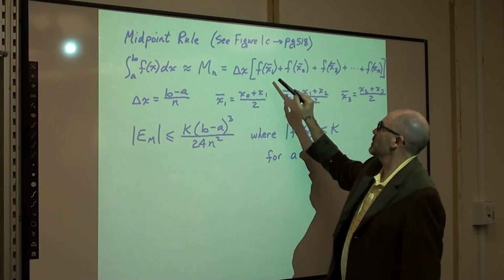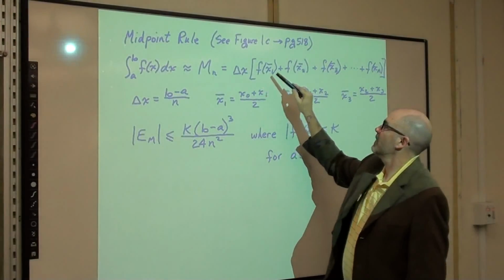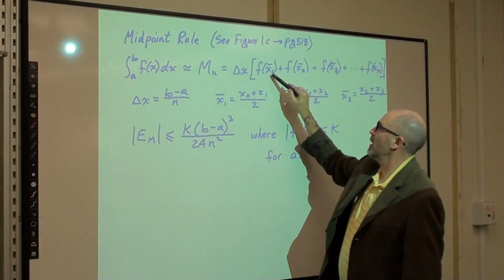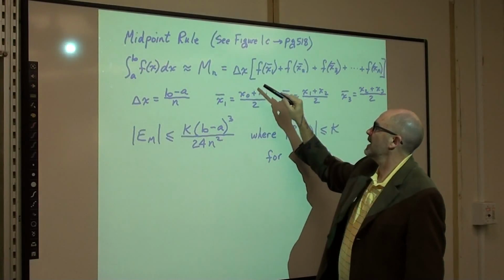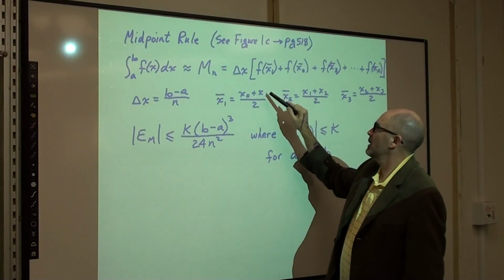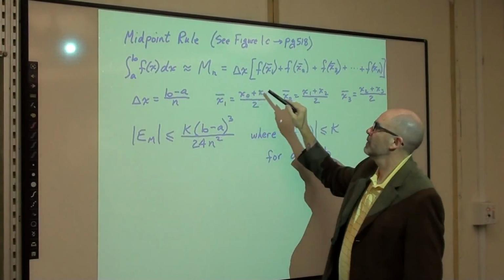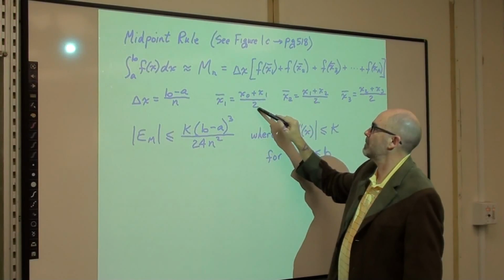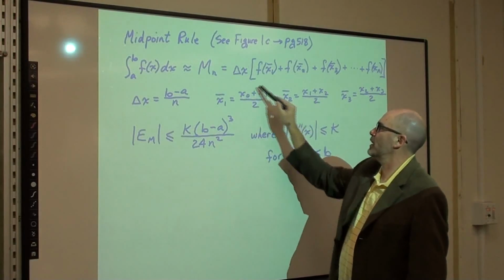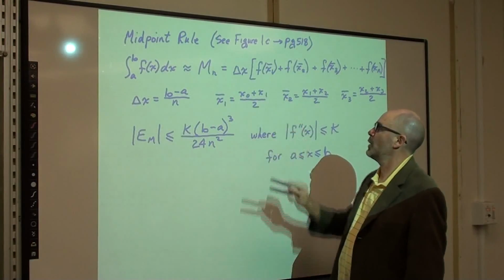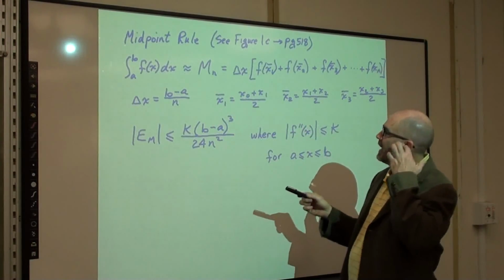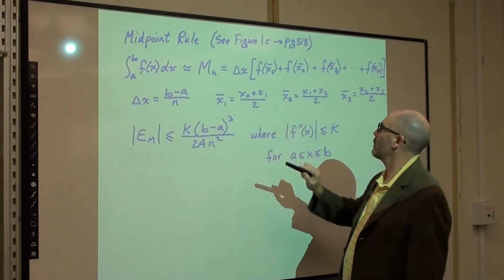Now what's the height of each rectangle? Well, it's going to be the height at the midpoint of the rectangle. The midpoint is the x value at the left plus the x value at the right divided by 2, which is the average of the two x values, which is the x value at the middle of the rectangle.